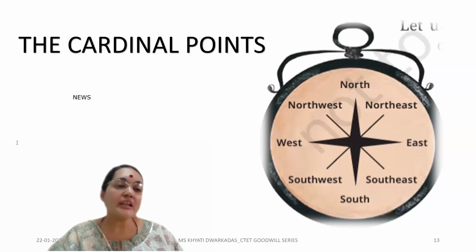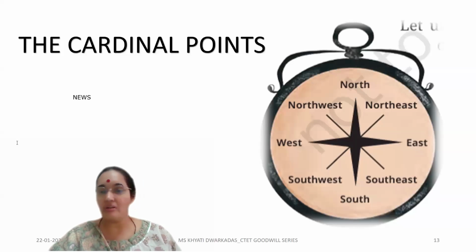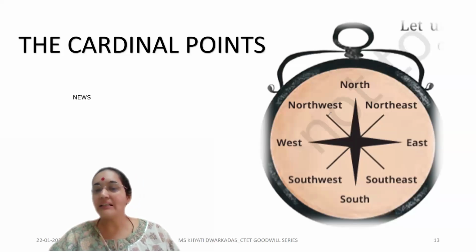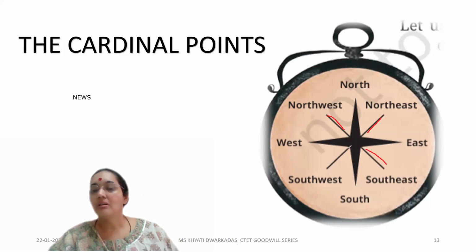And we also have intermediate directions. These lines that you can see here are your intermediate directions. The one between north and east is called northeast. The one between south and east is called southeast.